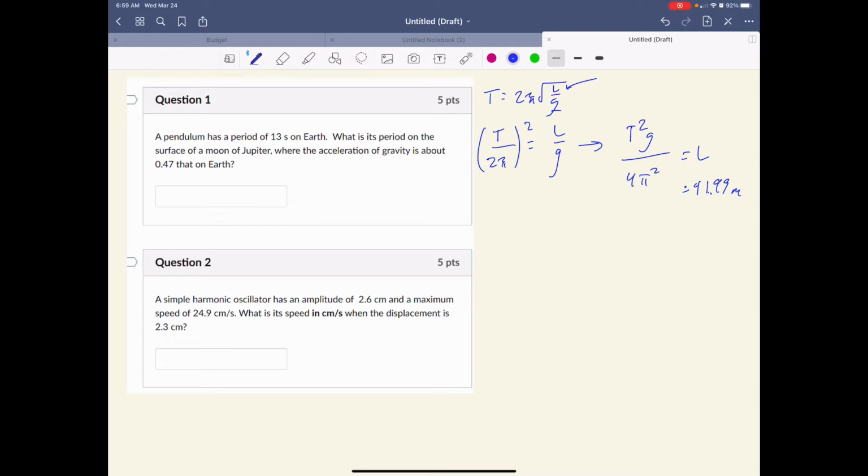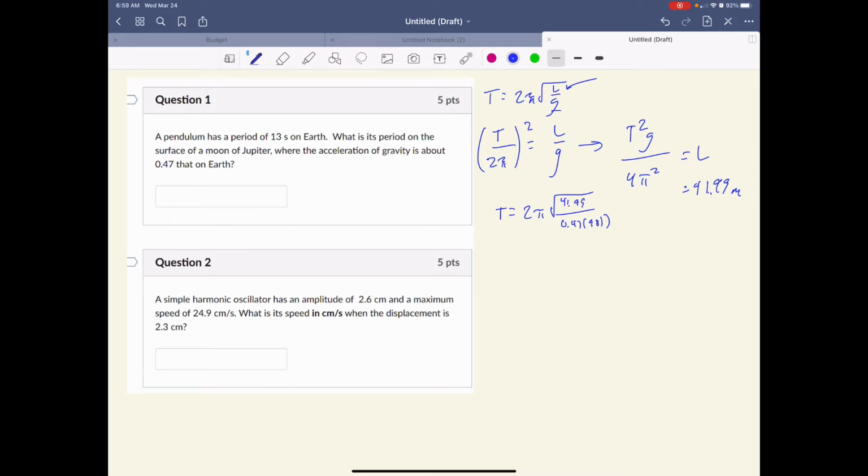Now we're going to figure out what is the period if you take this pendulum to Jupiter. So now we're going to go back to our formula. We're taking the same pendulum, and now Jupiter is 0.47 times g.